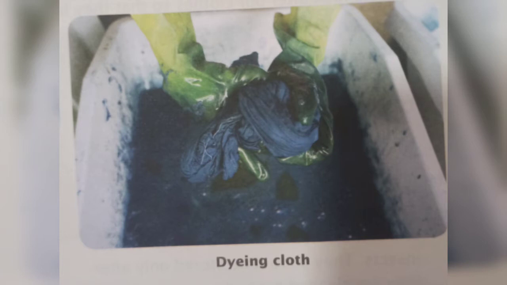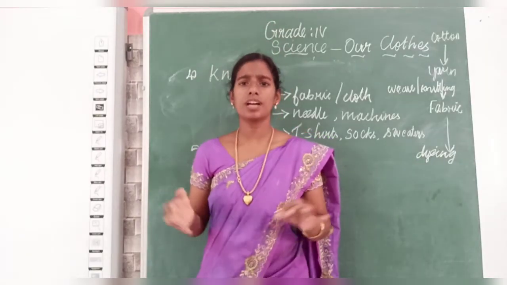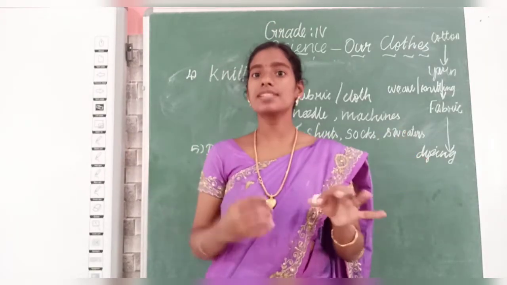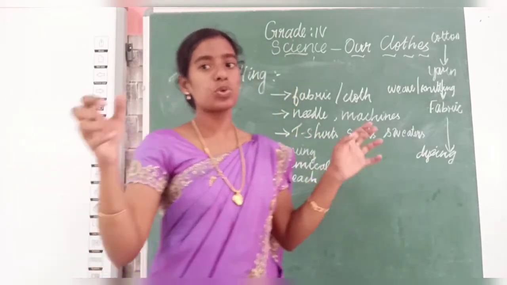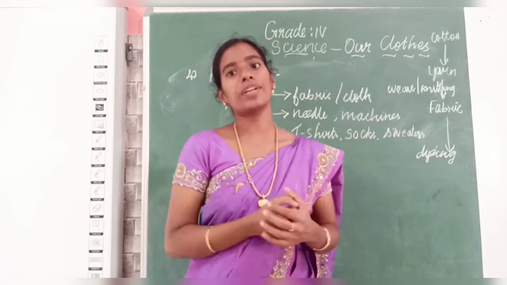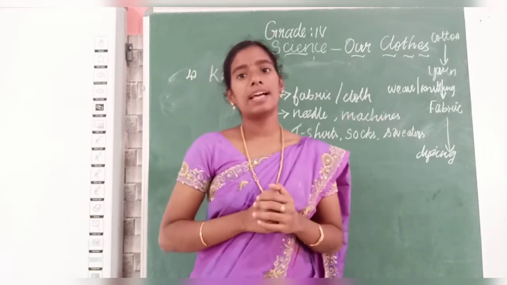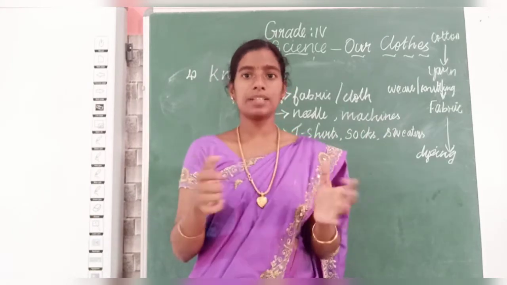Have you understood about these 4 steps in manufacturing clothes? Then about how we take care of these clothes. When you are washing a cloth, you have to use some detergent powder or detergent cake to get the clothes clean perfectly.